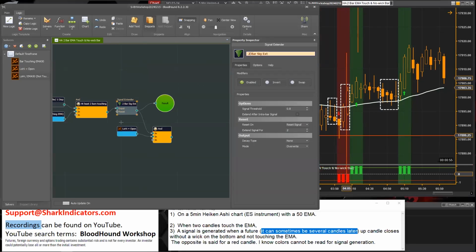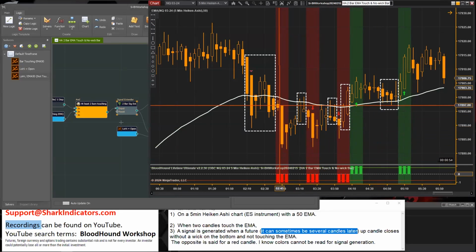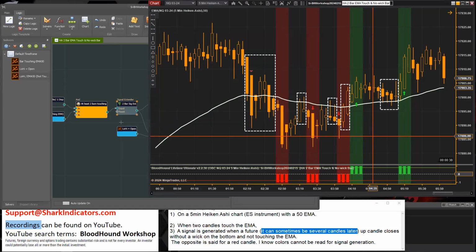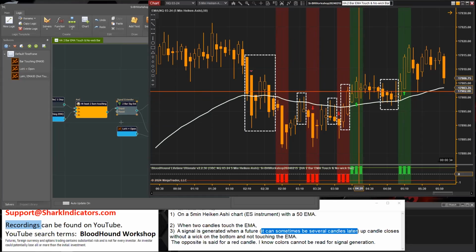There we go. So now we have a 3 bar opportunity. Again, of course, this can be adjusted as necessary. Just either increase the signal extending, or decrease the signal extending to determine how many bars are allowed for this no bar wick to show up.